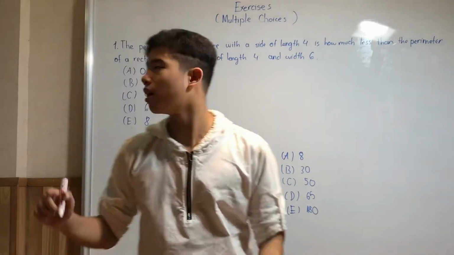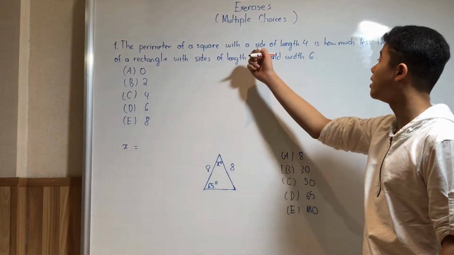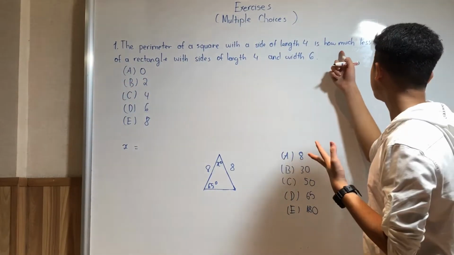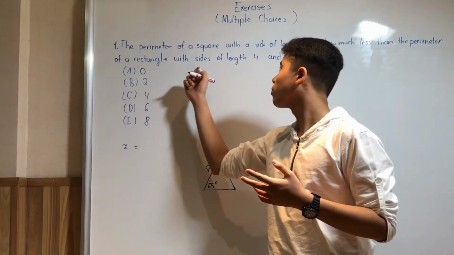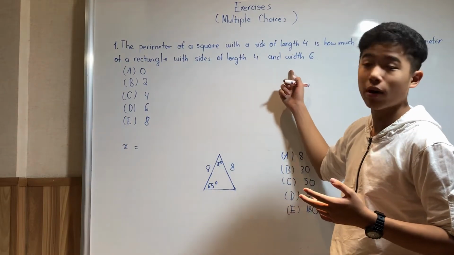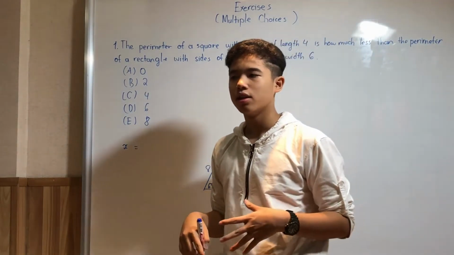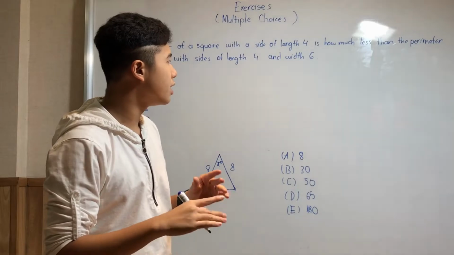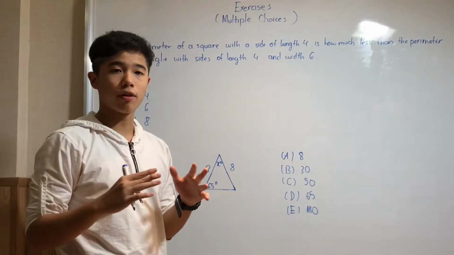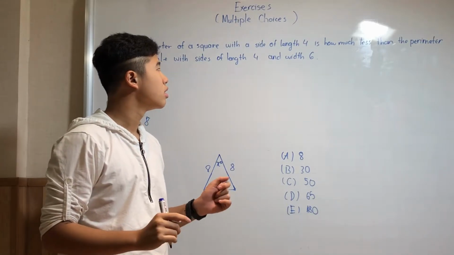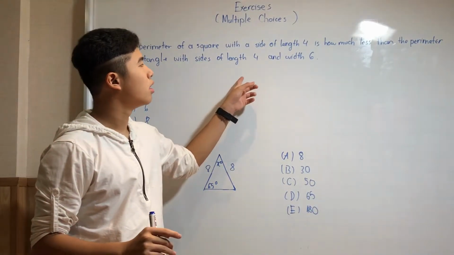The perimeter of a square with a side of length 4 is how much lesser than the perimeter of a rectangle with a length of 4 and a width of 6? So in this question, you need to know what perimeter is. Perimeter is the total length of the 4 sides.